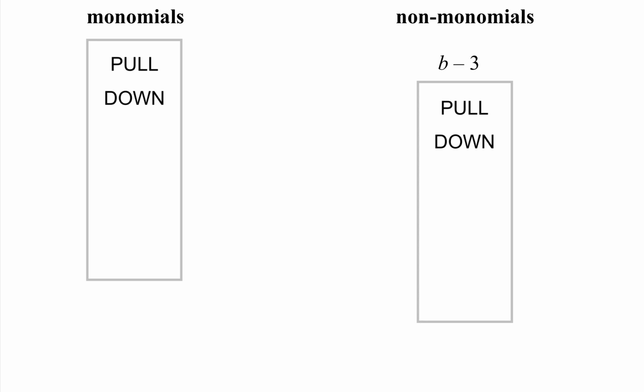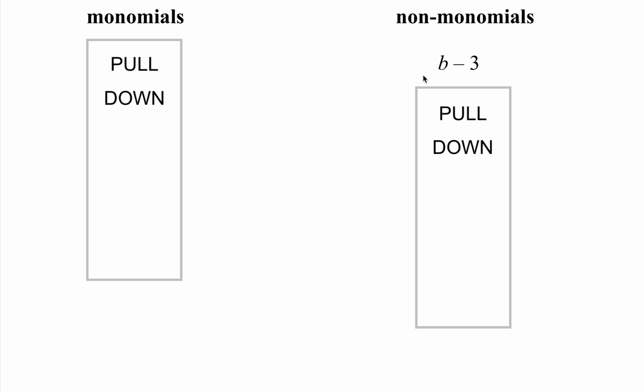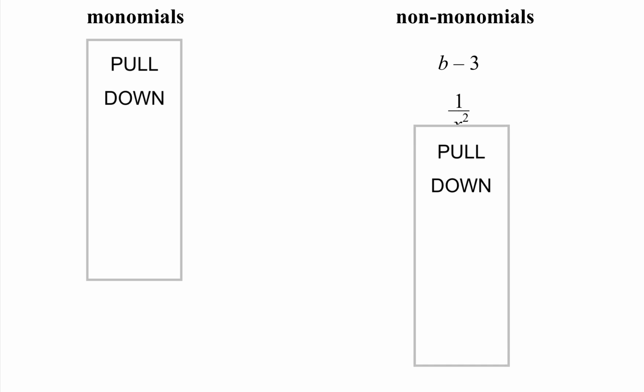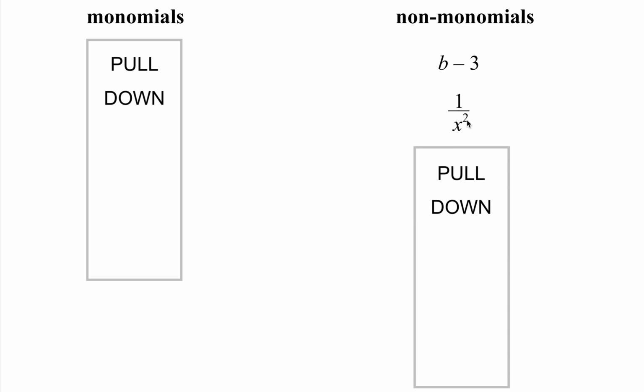Here are some examples of non-monomials. This is not a monomial because it's two monomials that are being subtracted, so it's actually a polynomial. This is not a monomial because it has an exponent in the denominator, so the variable can't be in the denominator.